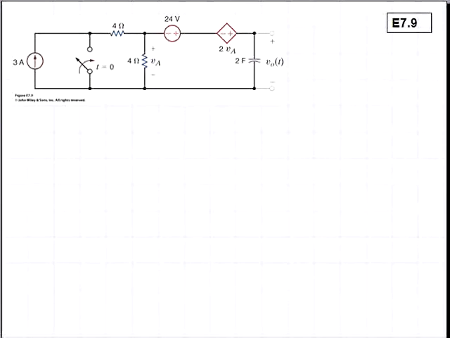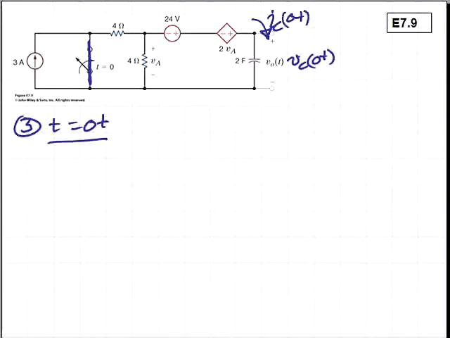Next, step 3 will be to consider the time t equals 0 plus. Now the switch is closed, effectively disconnecting the 3 ampere source from the circuit. We have a capacitor current, possibly a capacitor voltage, both at this 0 plus time.